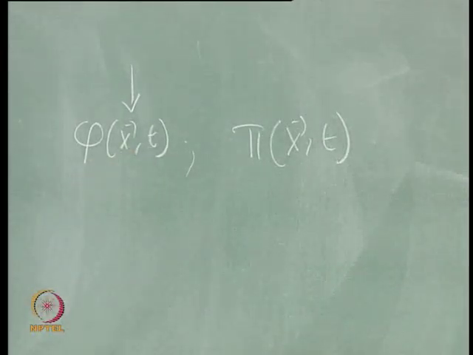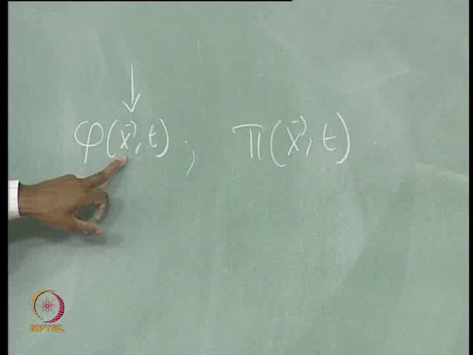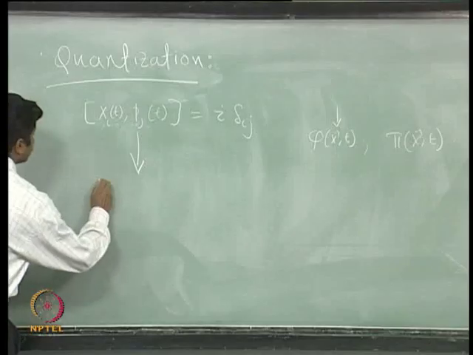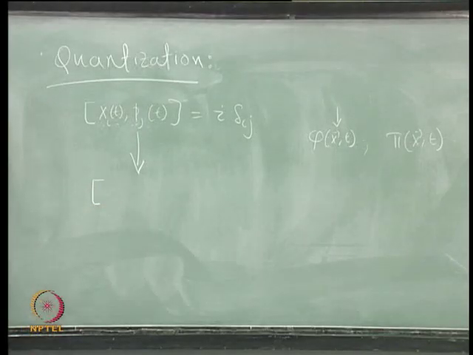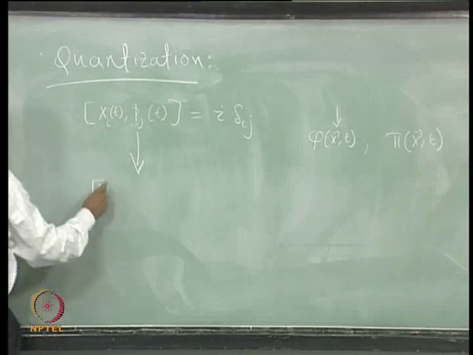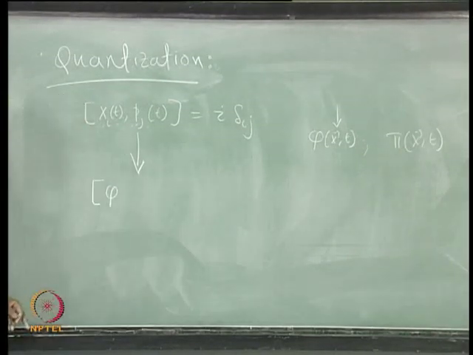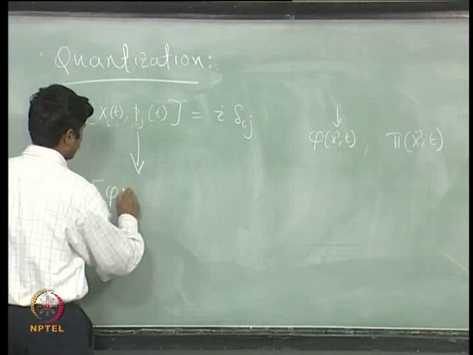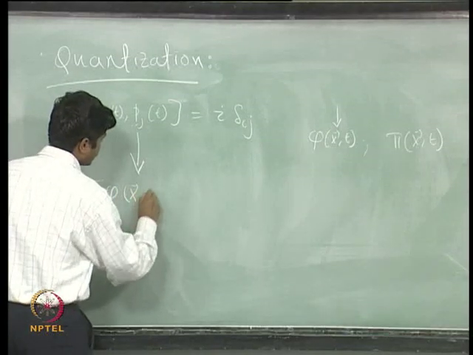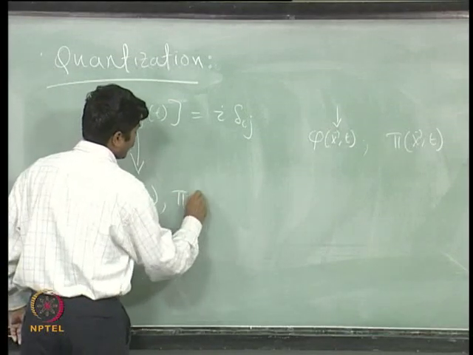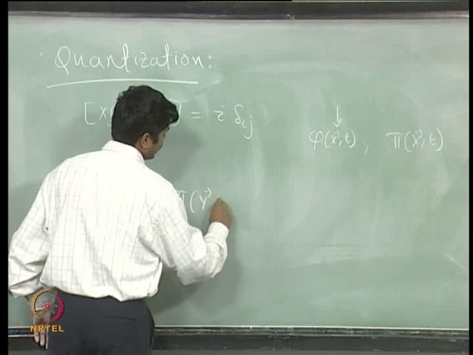So, we will start with a commutation relation which looks like the commutator of phi of x, t and pi of y, t.